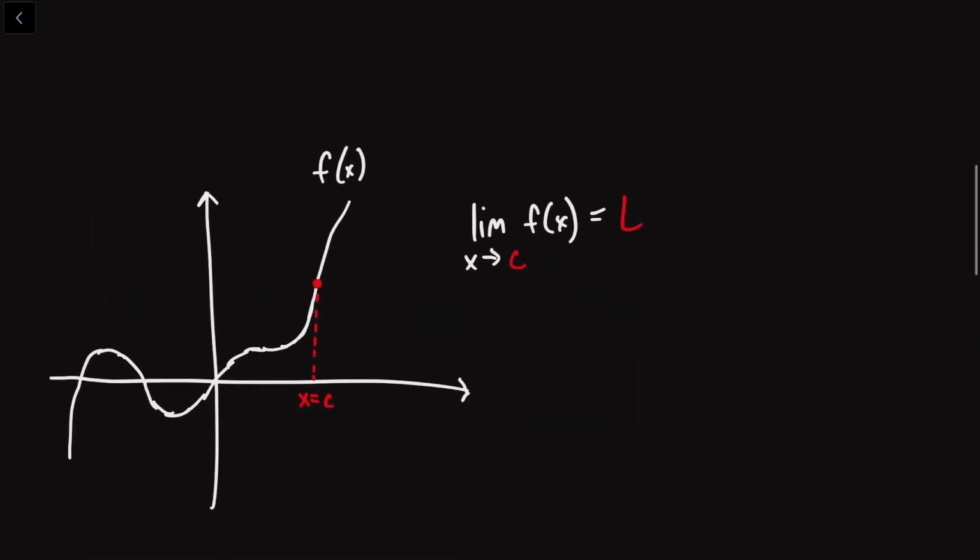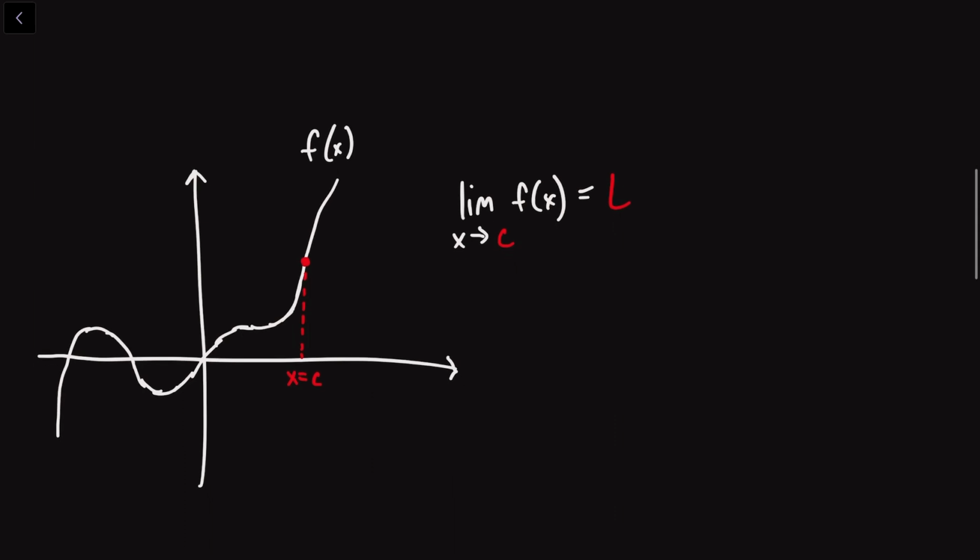So here's the graph of f of x, and the limit of f of x as x approaches the c value is L. So at this point, x equals c, the value is L. So this describes the function. As the function gets closer to c, the function will equal L.